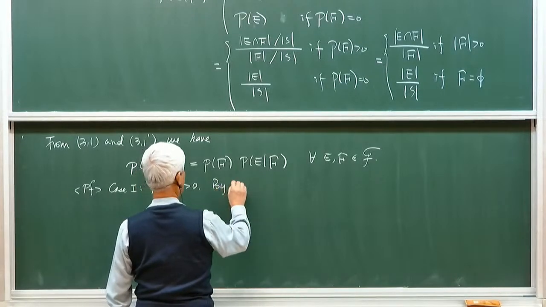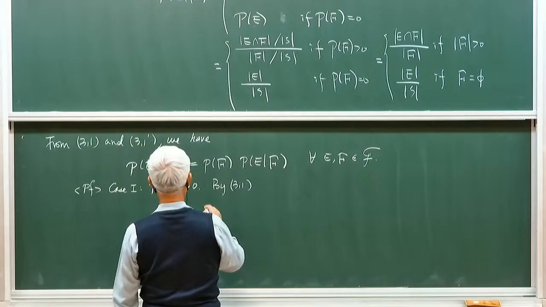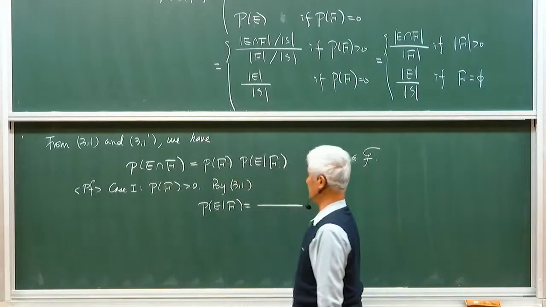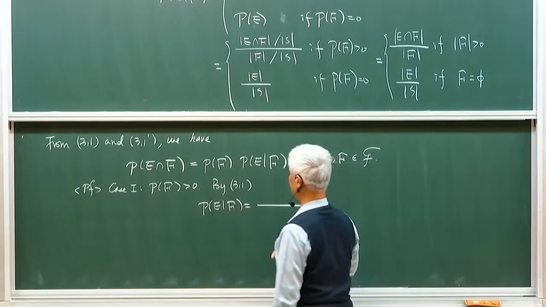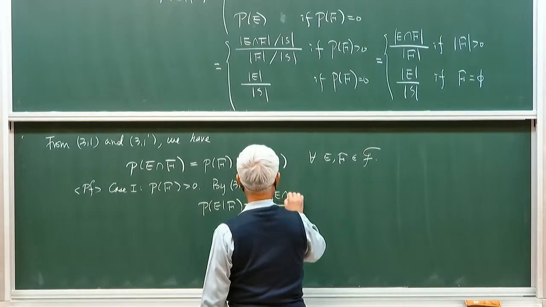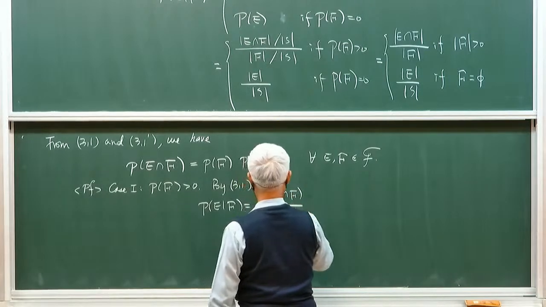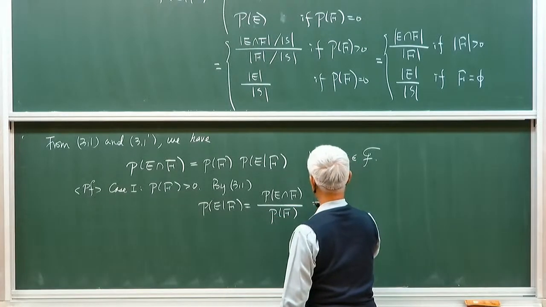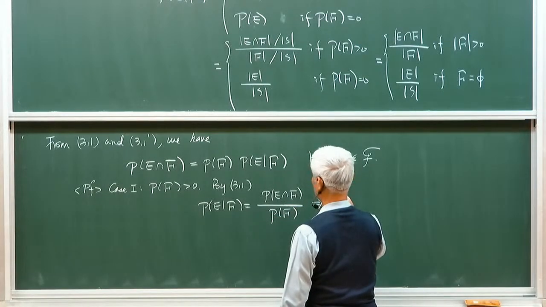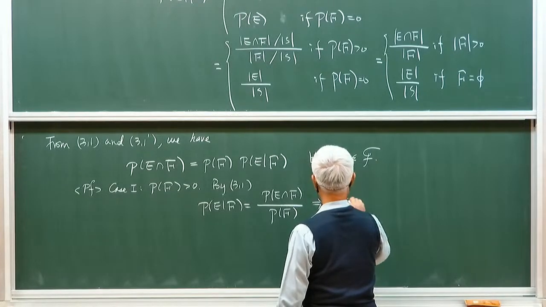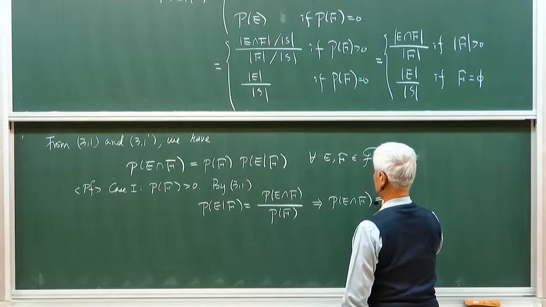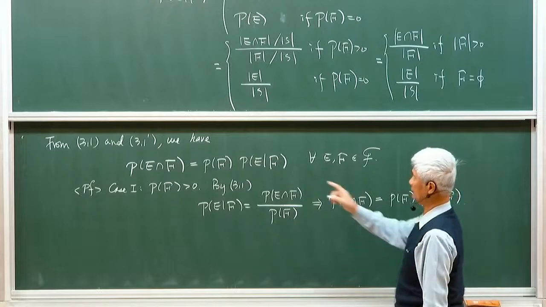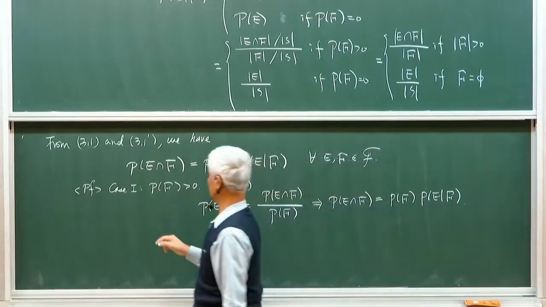Then by 3.1, we have that the conditional probability of event E given event F is equal to P of E intersect F over P of F, and so when we multiply by the denominator, this shows that P of E intersect F is equal to P of F times P of E given F. So for the first case, we have this formula.